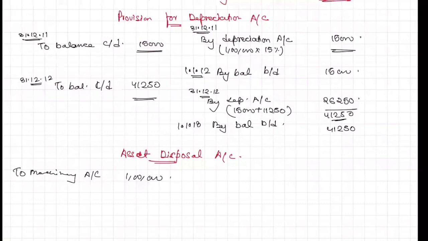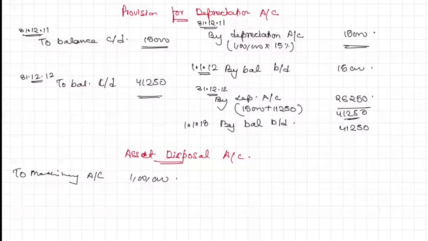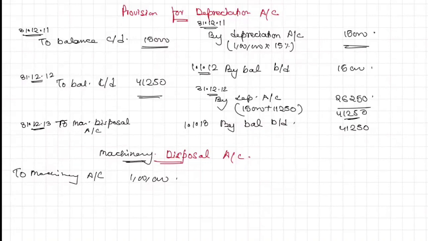Correct. Because whatever sale will be there, everything will be dealt in the machinery, because it is machinery. So we'll write it machinery disposal account. So this will also be transferred on 31st 12 13 to machinery disposal account.